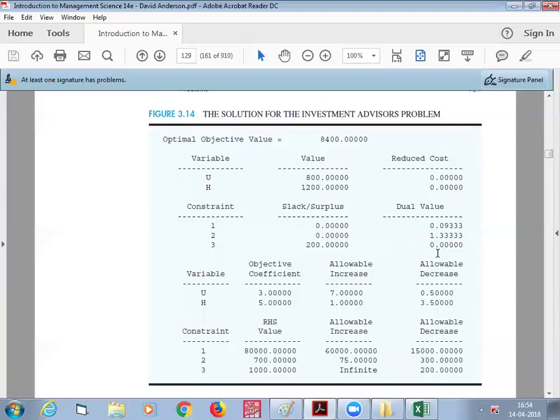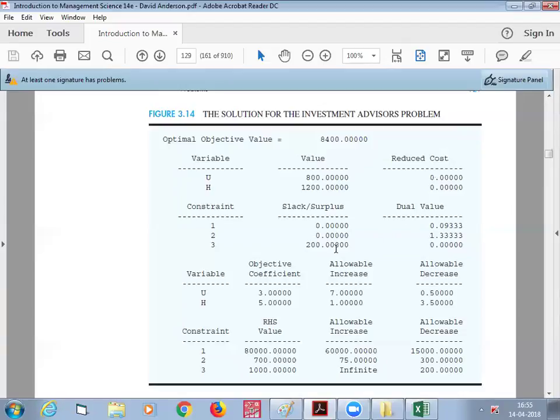Notice both of them have zero reduced cost. We're using both investments. Sometimes if one did not give a good enough return, we'd put all our money in the other one, for example.